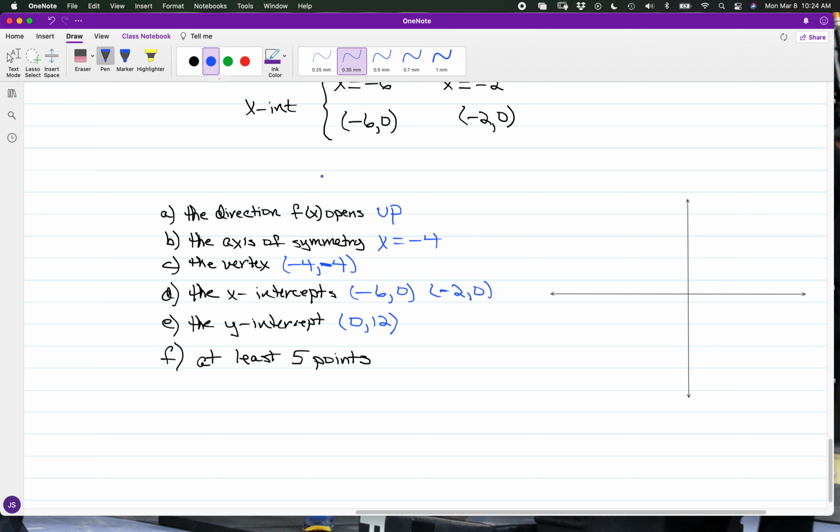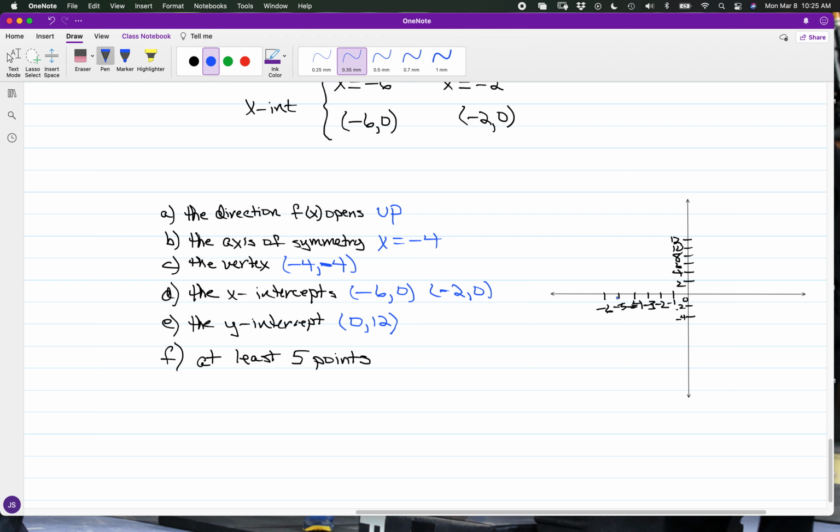so just doing a quick sketch here. And on the y-axis, I'm just going to scale this at 2. So we have key points here.